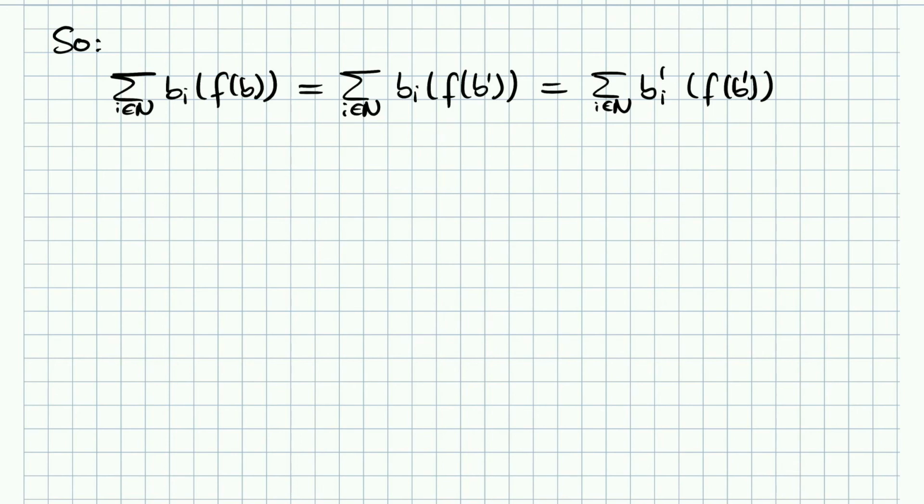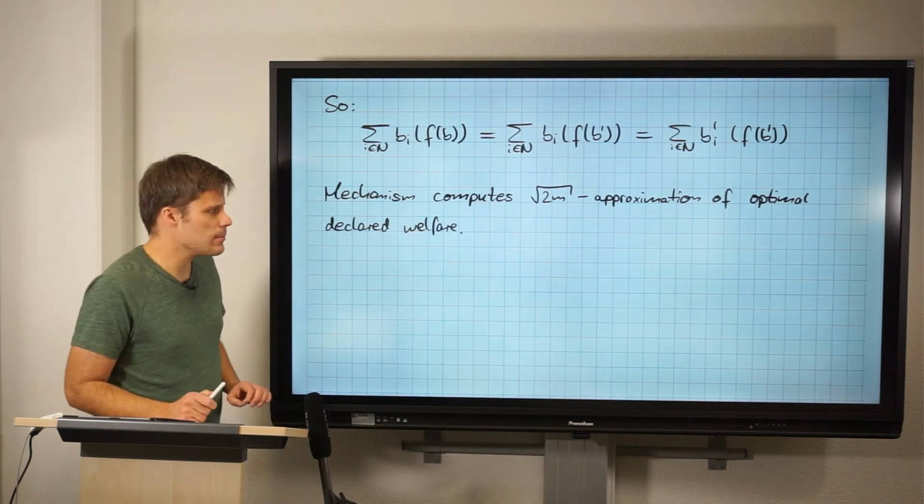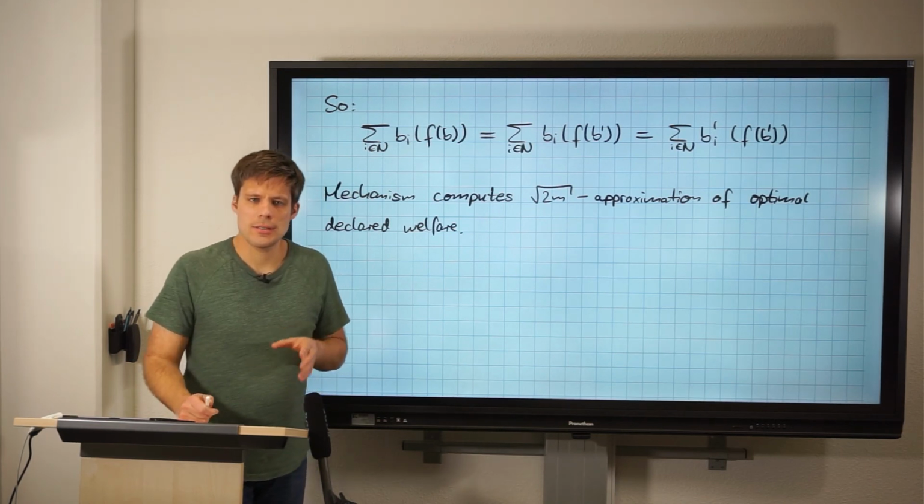In more detail, the mechanism computes a square root m approximation of the optimal declared welfare. We've seen this for this mechanism for the special case of single-minded bids.